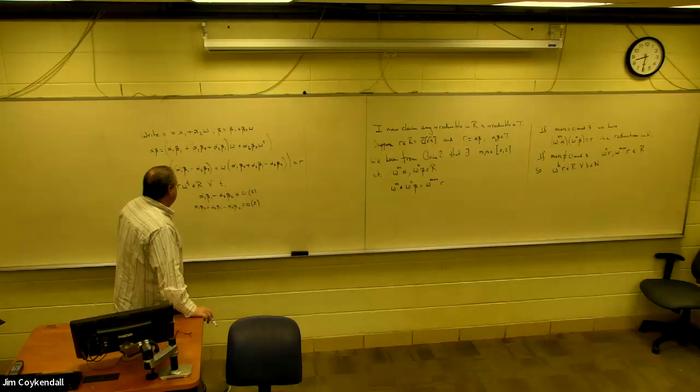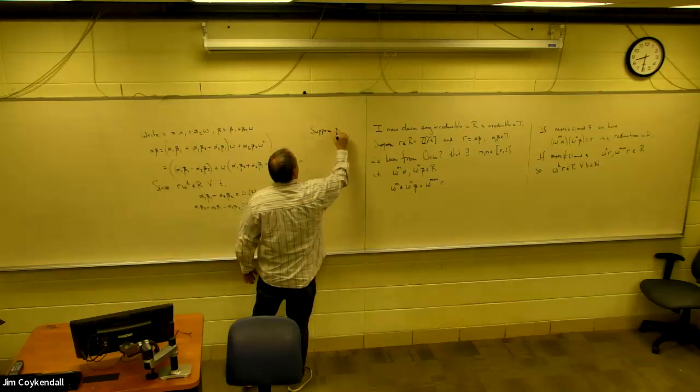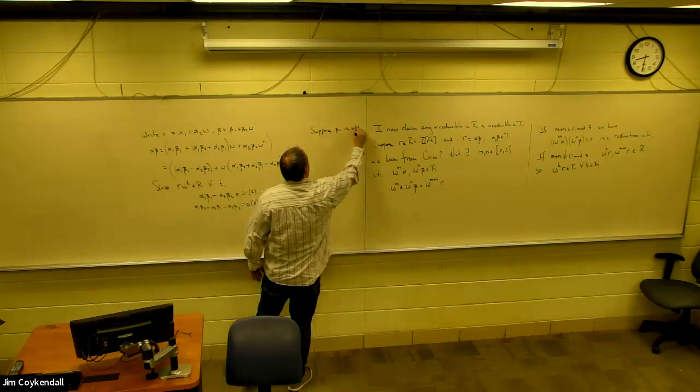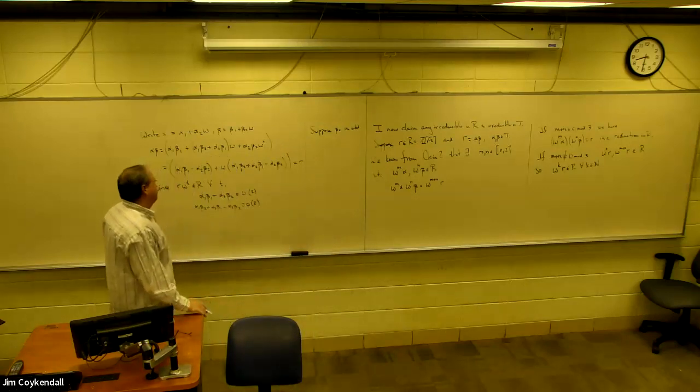So my claim is if one of these is odd, if beta 2 is odd, I claim that both alpha one and alpha two are even.